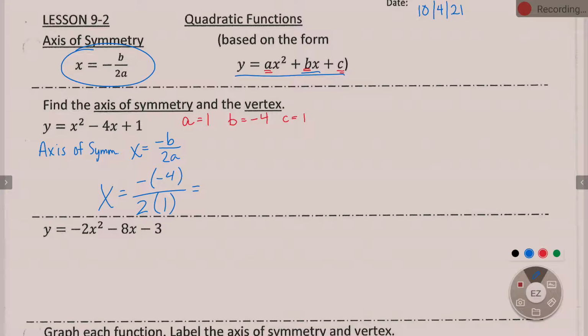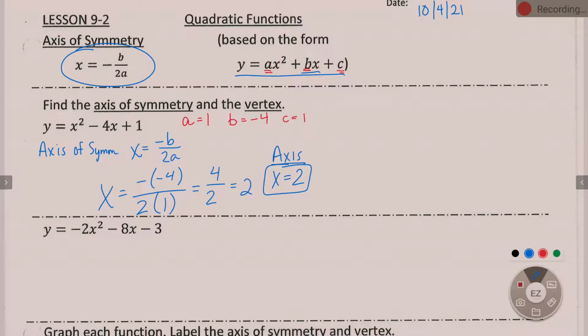Yeah, when you do the opposite of a negative, it is a positive 4. 2 times 1 is 2. And what's 4 divided by 2? 2. So right there, we just found our axis of symmetry to be 2. So I'm going to write this in boxes so we can find it later. Our axis is x equals 2. And when you see me write axis, realize that's just me shorthanding axis of symmetry.